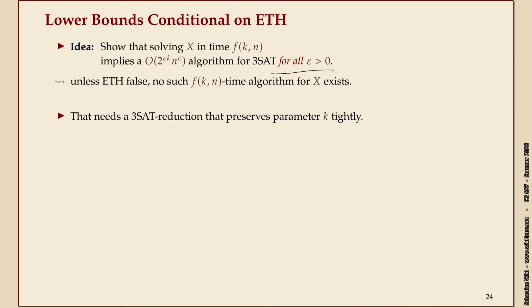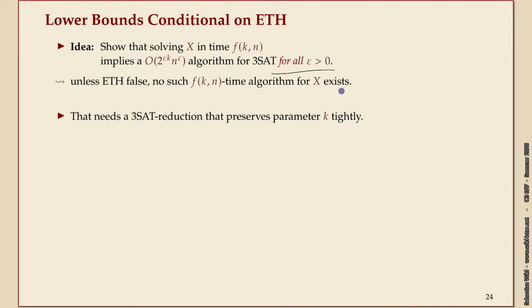So what we'll use today is basically always the same idea. We'll do some kind of reduction, but it's not a clean Karp reduction in that sense. I guess it's more akin to a Turing reduction. We try to say, suppose that this exponential time hypothesis is false, or suppose we have some algorithm that solves a problem that we want to show is hard, then we can also find an algorithm that would contradict this exponential time hypothesis.